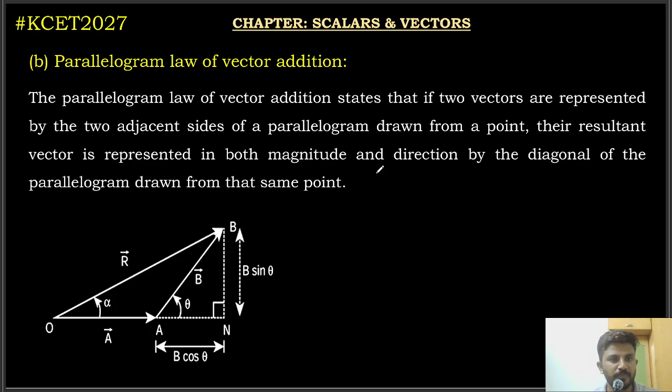Okay, then we have the parallelogram law of vector addition. This is also a method to add vectors. Let's consider we have a vector A like this and a vector B like this. I need to add these two. How do you add?